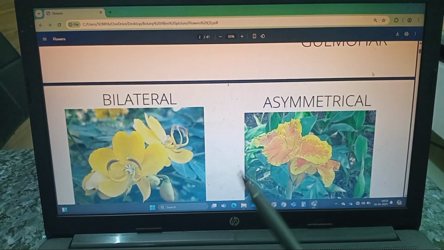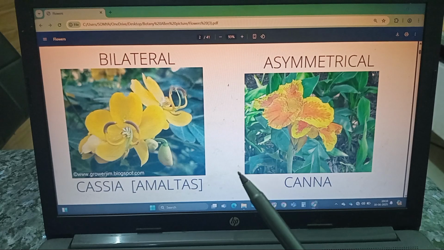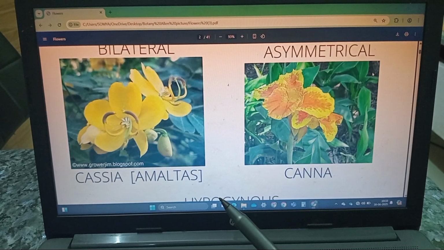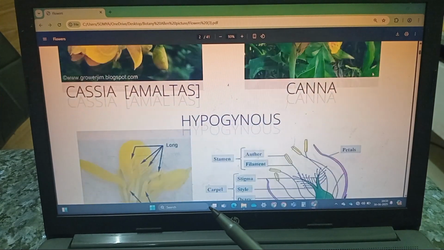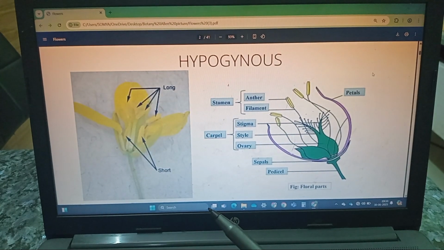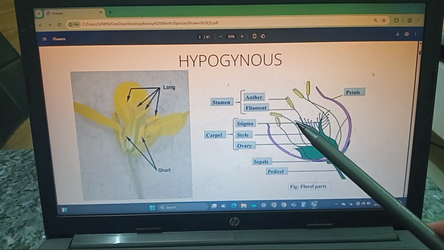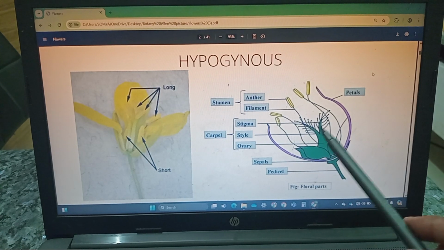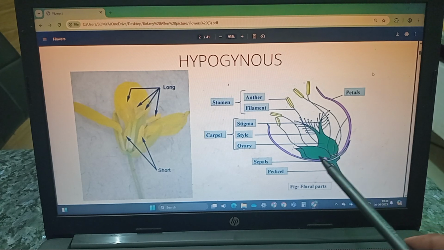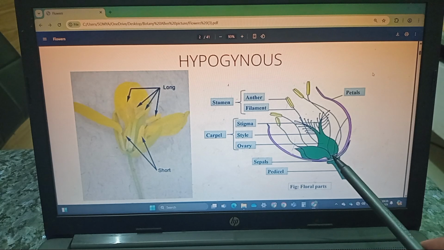Then an asymmetrical flower is this kana, where there is no symmetry. Then if you see the position of the ovary with respect to the flower, it divides into three types of flowers. This is hypogynous. The flower is hypogynous, the ovary is superior. The flower has its calyx and corolla below the ovary.